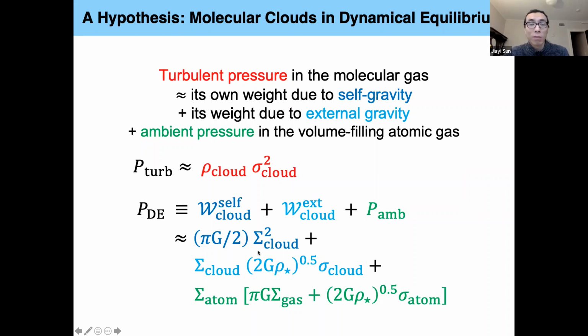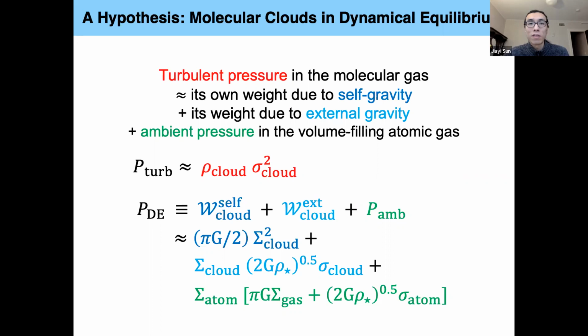For the self-gravity term, we can again measure it from the cloud internal properties. For the external gravity term, we need to know something about the 3D stellar mass distribution of the stellar disk. We have the 2D distribution from our observations, and we convert that into 3D by an adopted stellar disk scale height.